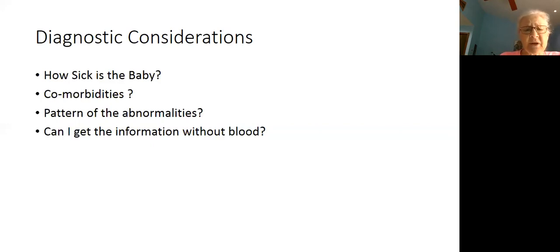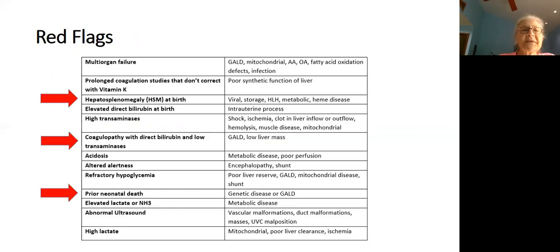I always tell my fellows that they get 1 to 2 cc's a week to monitor these babies. That's not very much. You have to be really careful. So red flags that this may be something we really need to go after would be hepatosplenomegaly at birth. So that would indicate maybe viral disease, a storage disease, a bad metabolic or heme disease.